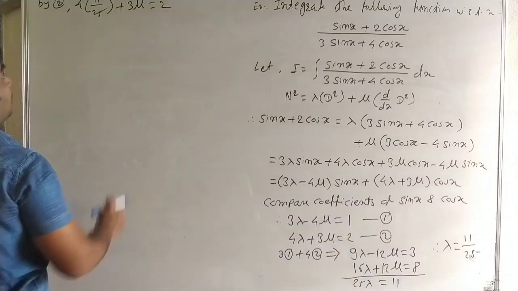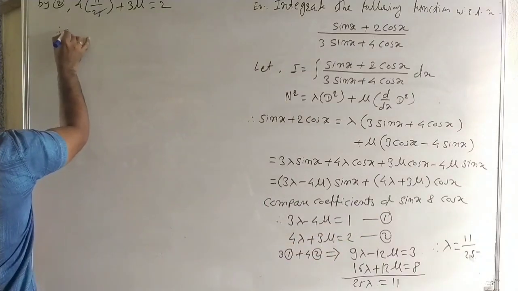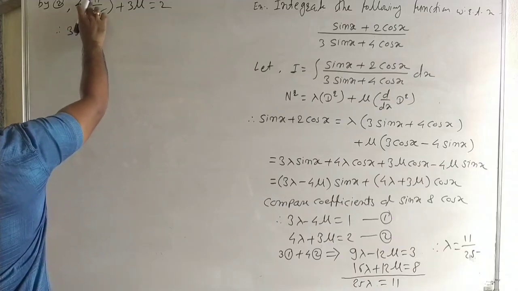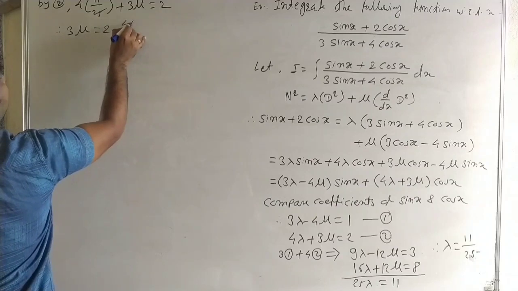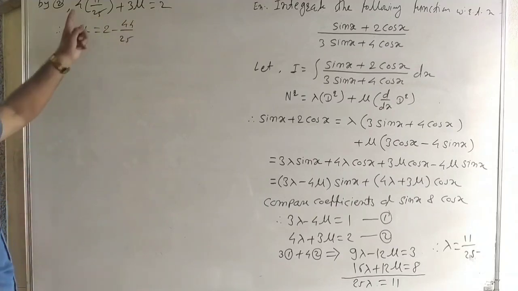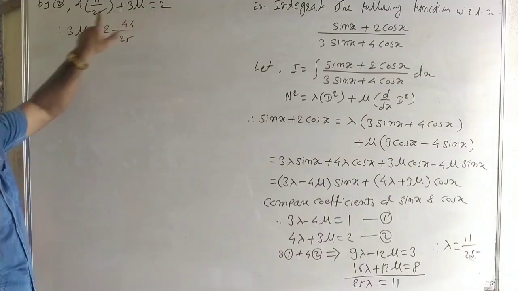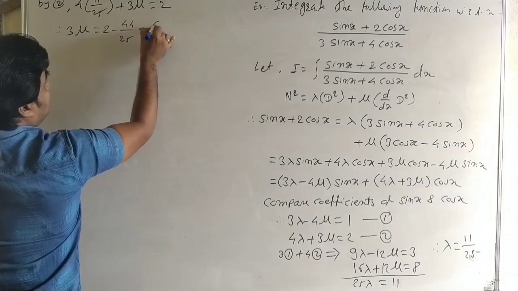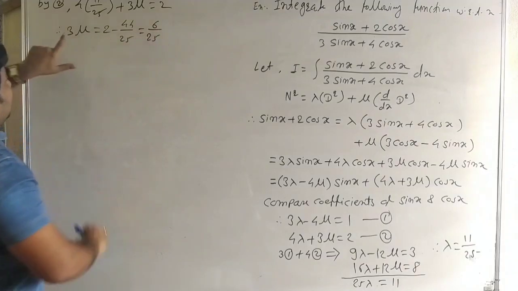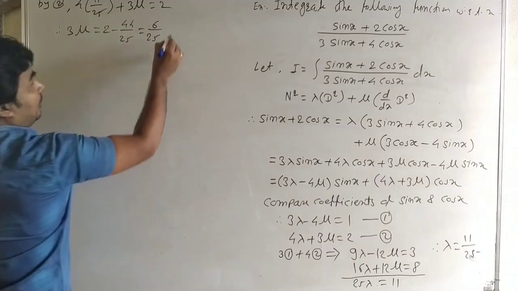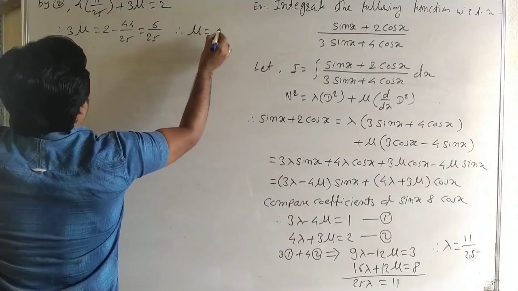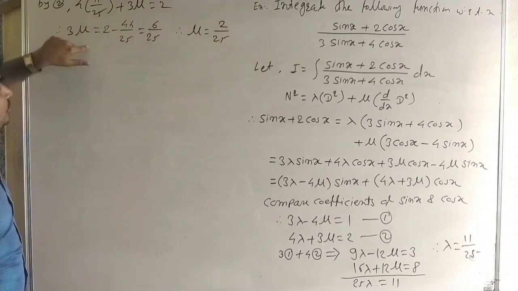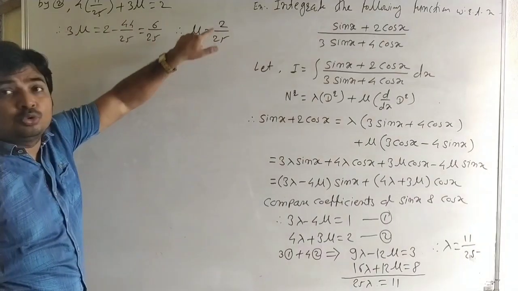We put the value of lambda, 11 by 25, and therefore, see carefully, 3 mu is equal to 2 minus 44 upon 25. That means 50 minus 44 upon 25, it is 6 upon 25. That is 3 mu is equal to 6 upon 25, and therefore mu is equal to 2 upon 25.